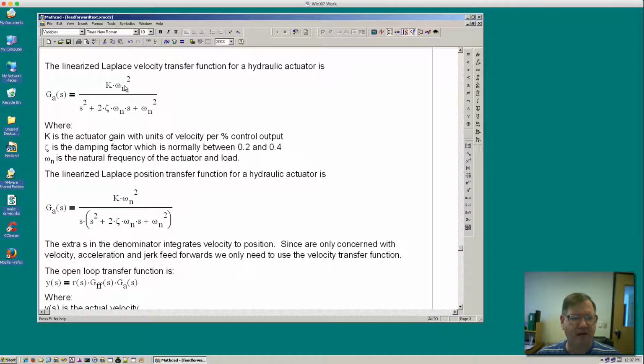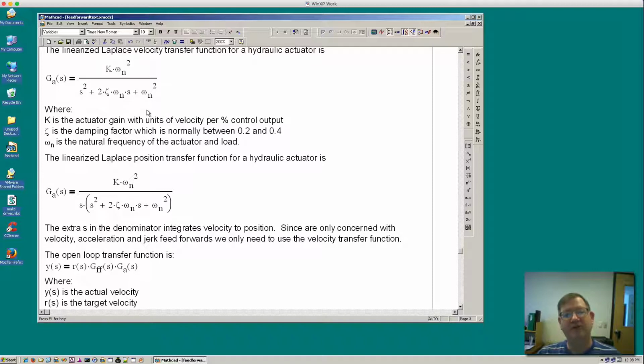And the natural frequency, there are formulas for calculating the natural frequency, but you can also calculate this by system identification. Calculating out the damping factor is a little bit more difficult. You can assume 1/3, which is a pretty good approximation. It's usually between 0.2 and 0.4, but your transfer function will not be accurate.